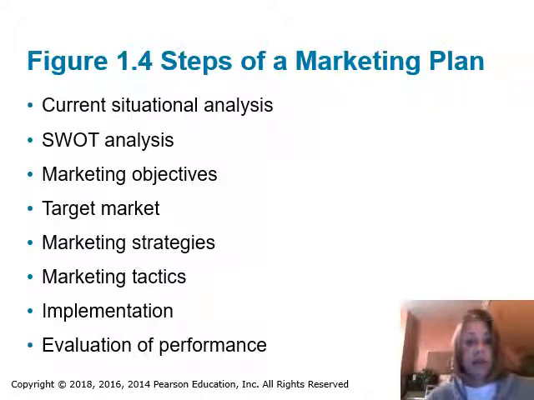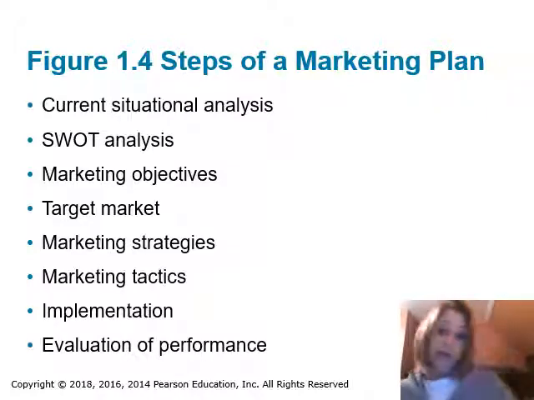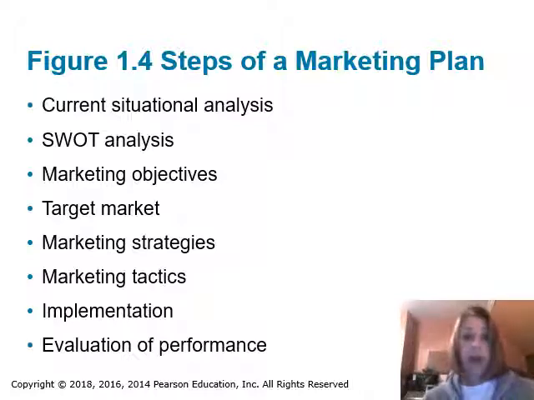And this, as you could probably remember too, maybe from other classes you've had, are the steps of the marketing plan. So in understanding IMC, it helps to review these steps of the marketing plan. The current situation analysis and SWOT analysis set the stage for setting marketing objectives and choosing your target market. Once these are set, the marketing person can develop strategies and tactics.